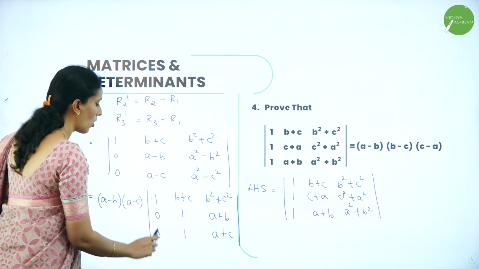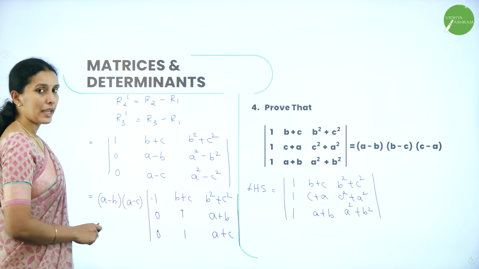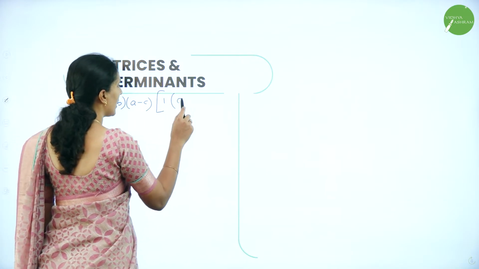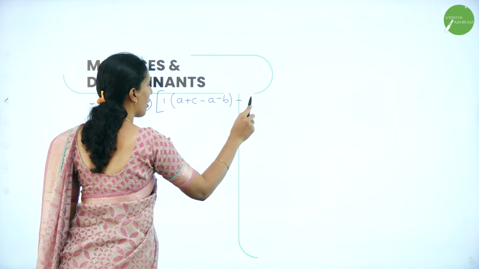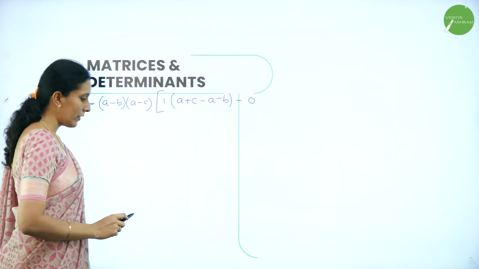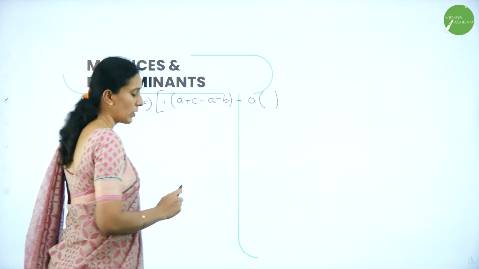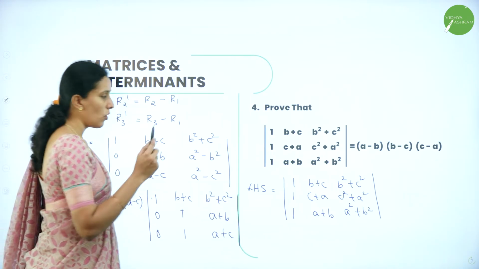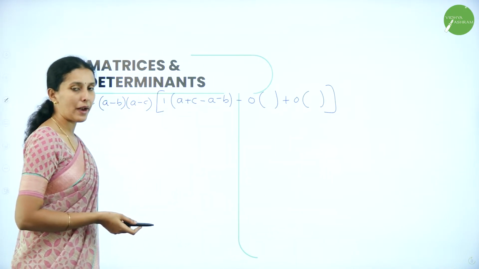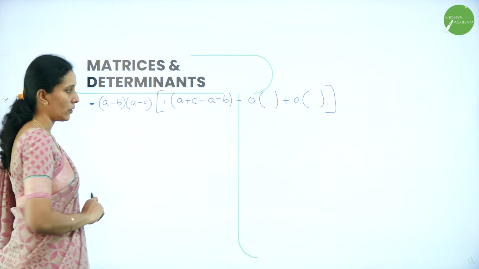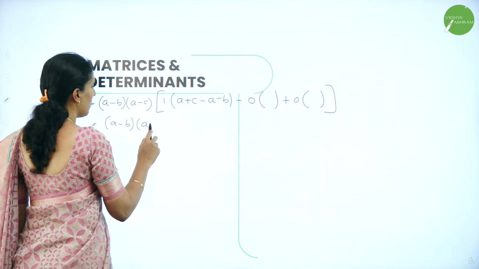Deleting the column and row containing one, we have 1 into A plus C minus A plus B. So it becomes A plus C minus A minus B. Next we have minus 0 into whatever value you write, since the multiple is 0, it becomes 0. Then again one more, plus 0 into anything, whatever you have inside the bracket, the value will become 0.